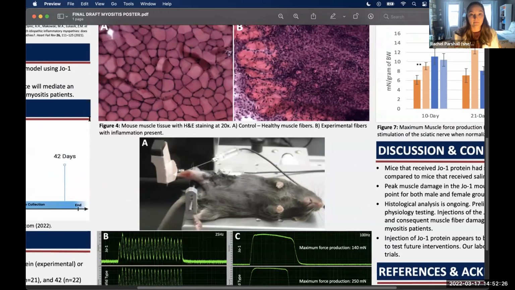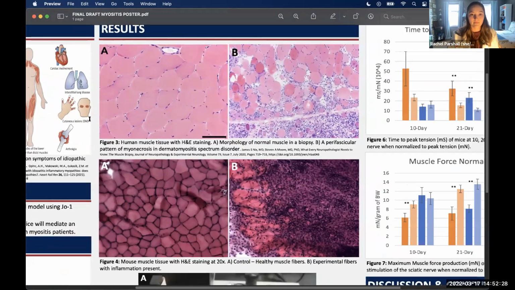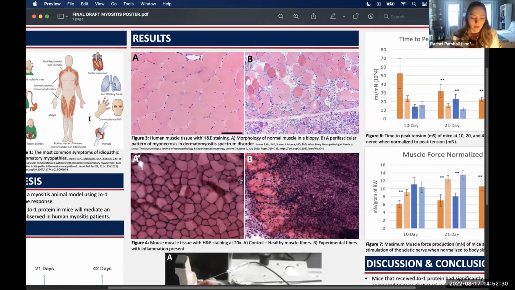Okay. In the top middle section of this poster, you can see an example of an H&E stained muscle, human muscle tissue. Figure 3A shows normal healthy muscle. The nuclei are on the periphery of the cells and the fiber sizes are uniform. Figure 3B shows a perifascicular pattern of myonecrosis in someone with myositis.